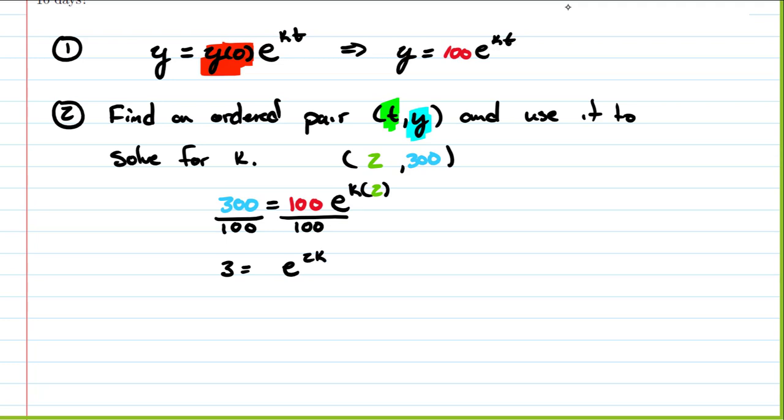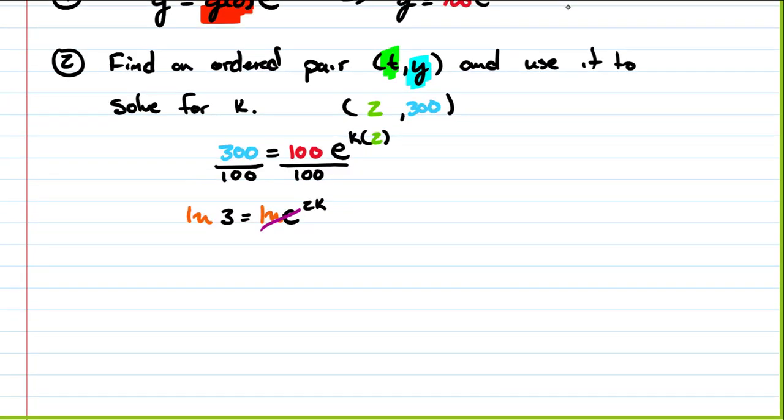The inverse of an exponential base e is the natural logarithm. So we take the natural logarithm of both sides, and the e and the natural log reduce out. And we get the natural logarithm of 3 is equal to 2k. We divide by 2, and this gives us k is equal to the natural logarithm of 3 divided by 2.